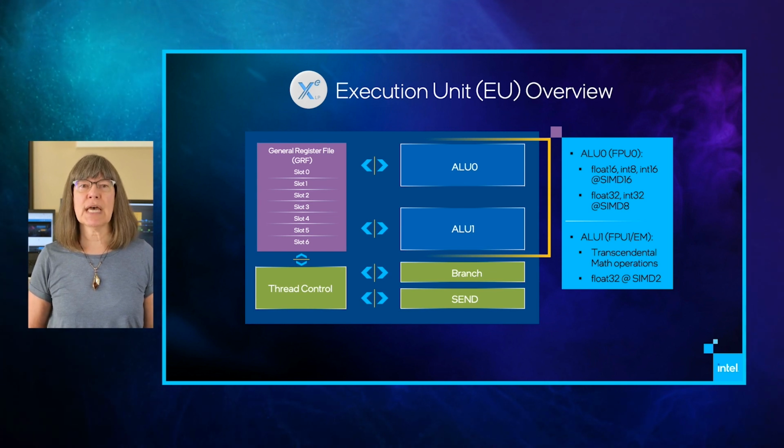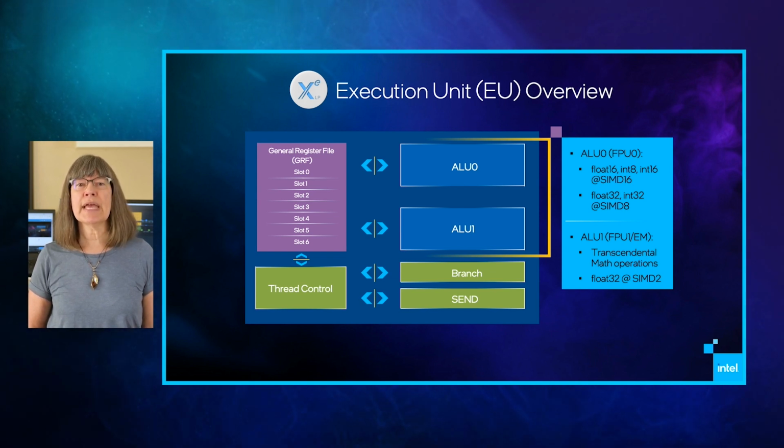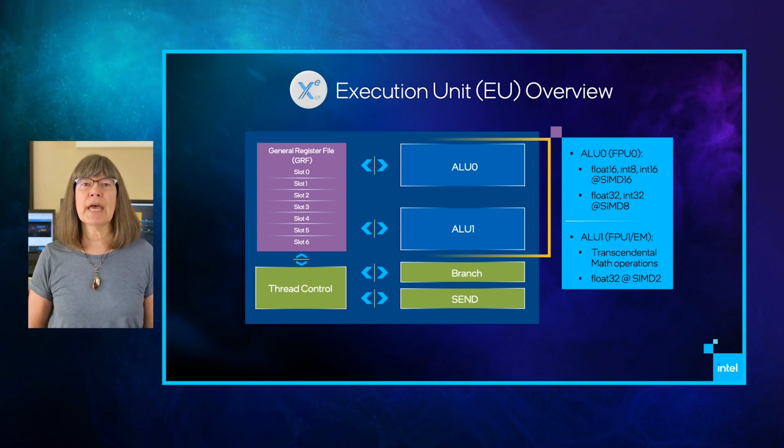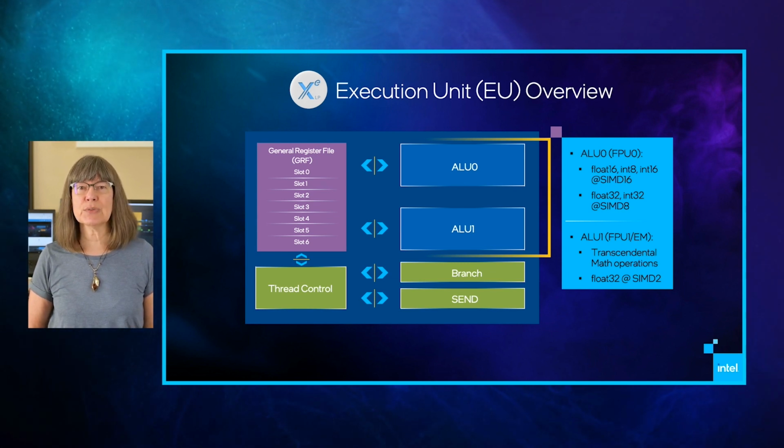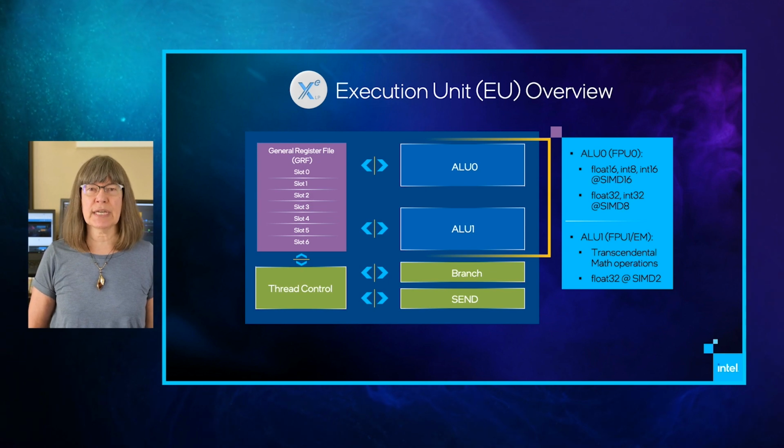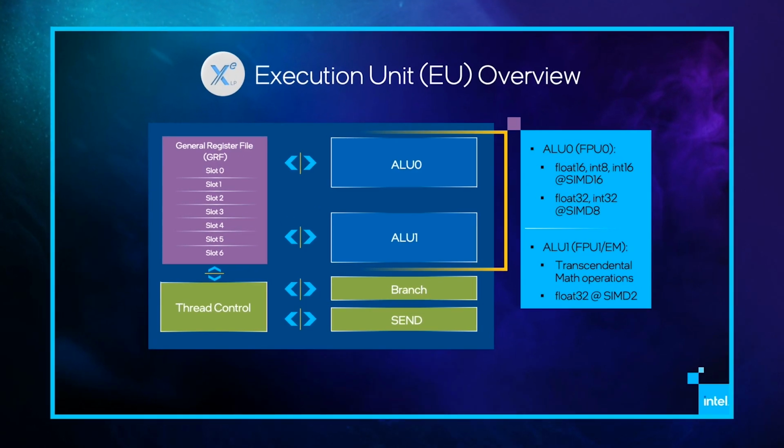Each instruction type has a hardware SIMD width, which the ALU can execute for that particular instruction. For example, ALU0 can pipeline a SIMD8 float32 instruction in a single clock cycle. Higher SIMD instruction execution is split into phases and takes multiple clock cycles. For example, SIMD16 float32 will take 2 clock cycles to pipeline.